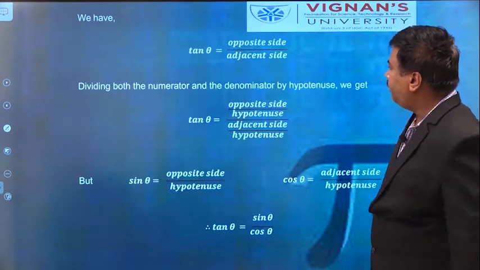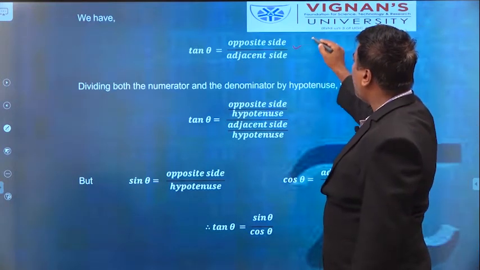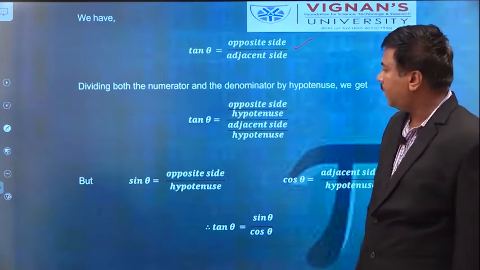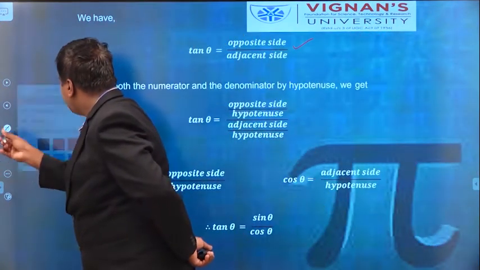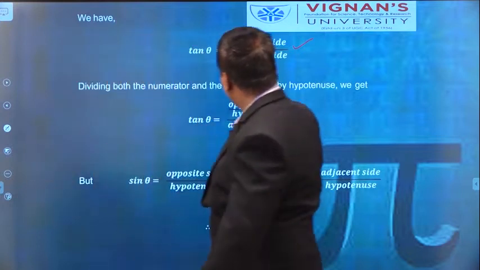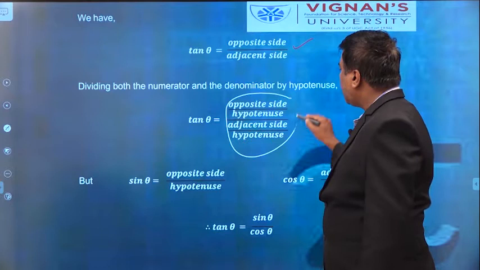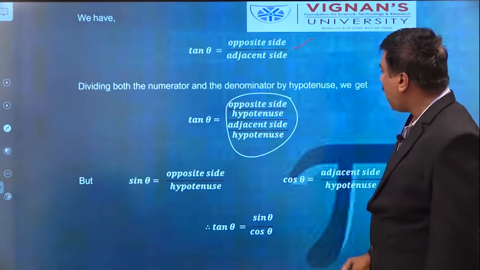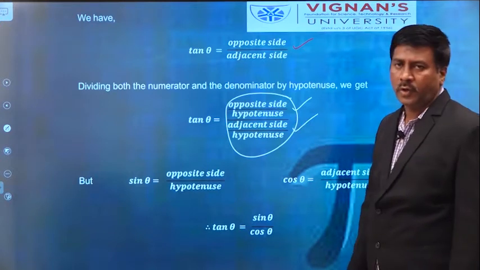Now, how do you get the tan theta value? It is opposite side by adjacent side. Here tan theta is equal to opposite side by hypotenuse divided by adjacent side by hypotenuse.